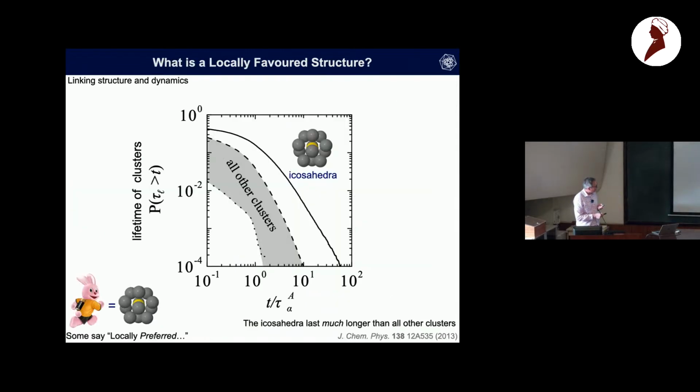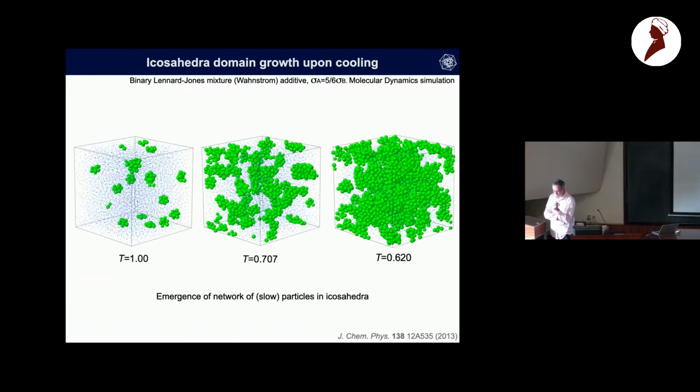Here they've measured the lifetime of, in this case, the icosahedron that Charles Frank talked about, which is the minimum energy, the locally favored structure for this particular glass former, the Wahnström model. So that's all fine, and we can look at the fact that at high temperature, we see few of these icosahedra. We drop the temperature, we form a network of icosahedra.